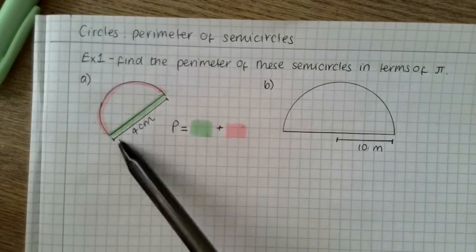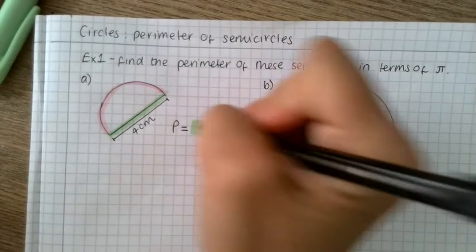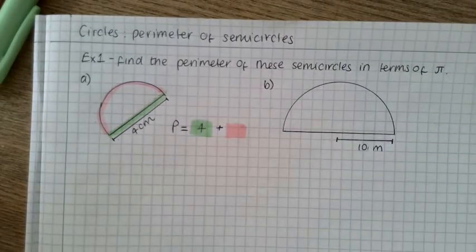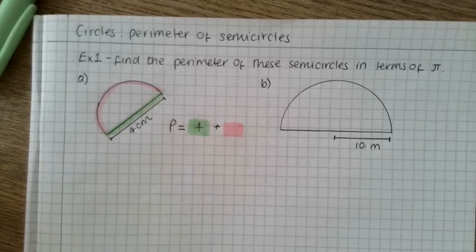Now, the length of the straight edge is nice and simple. We can see the straight edge here is labelled as 4 centimetres, so I can write that in straight away. But the curved edge is not quite as simple, is it? Because it's part of a circle. In fact, it's half of a circle.